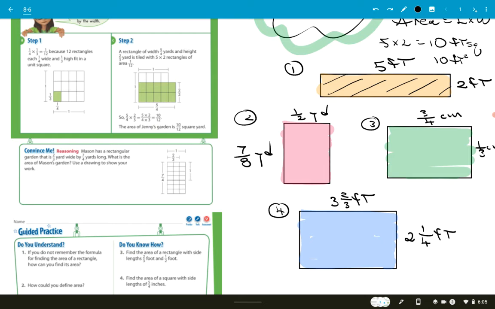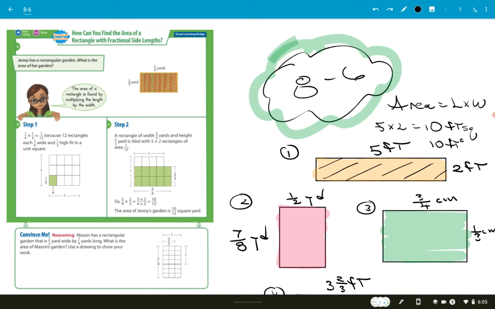Let's look at the example they give us here. I kind of think that they make it a little more confusing than they should. Looking at step 1 and step 2, they're just talking about this area here, so it's 1/3 times 1/4.